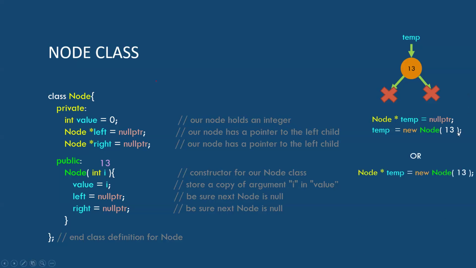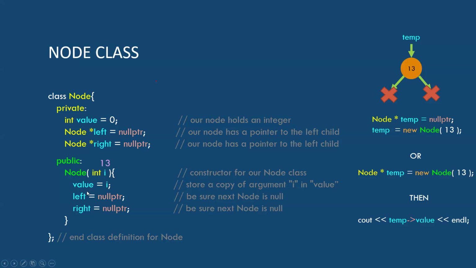Now you can do these two things on one line in C++. So just a little C++ explanation for you. You can say node star temp equals new node 13, and it's the same outcome. However you like to do it is perfectly fine. And then, because temp is a pointer, we follow it with an arrow. So temp arrow reaches in the box, and then we grab the value attribute.